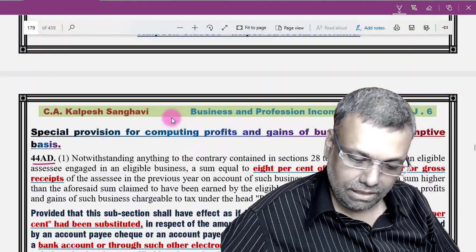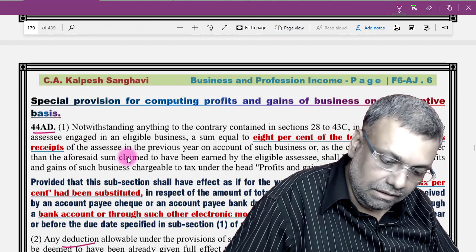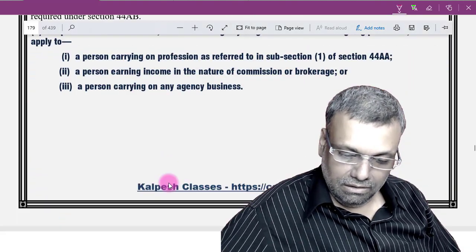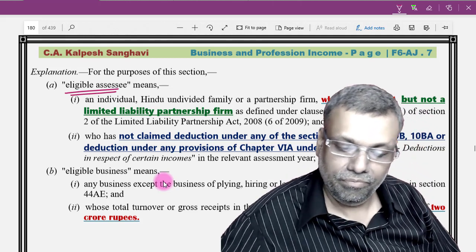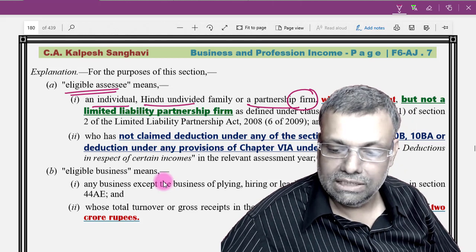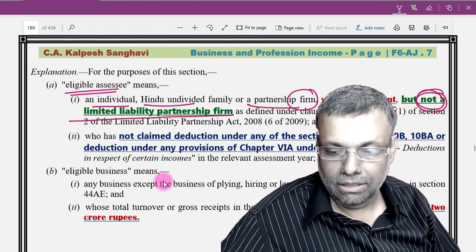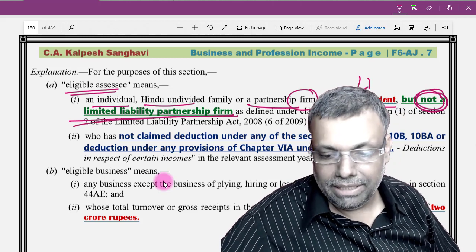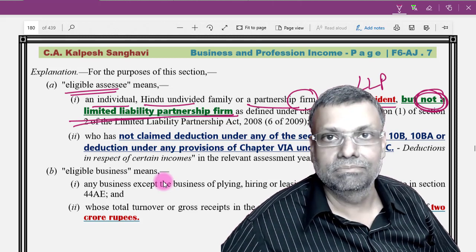Under section 44AD provisions, the eligible assessee is an individual, HUF, or partnership firm who is resident, but not a limited liability partnership. That means LLPs are not covered for the purpose of the section 44AD scheme.